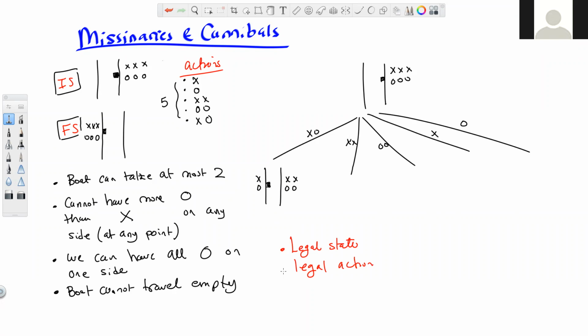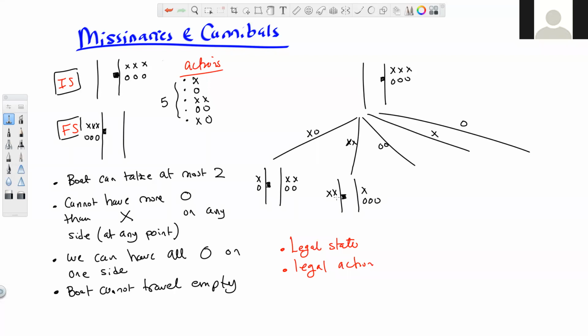All right, so I'm going to put these words here and then we will talk about them just a little bit. Now here I try to move the 2 X's and then that would end up being XX, and then here I have XO, OO, and the boat is on this side.